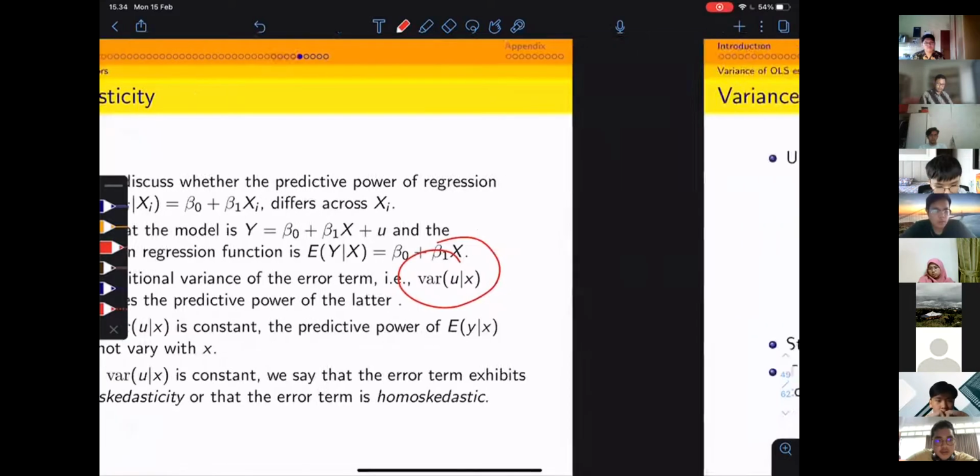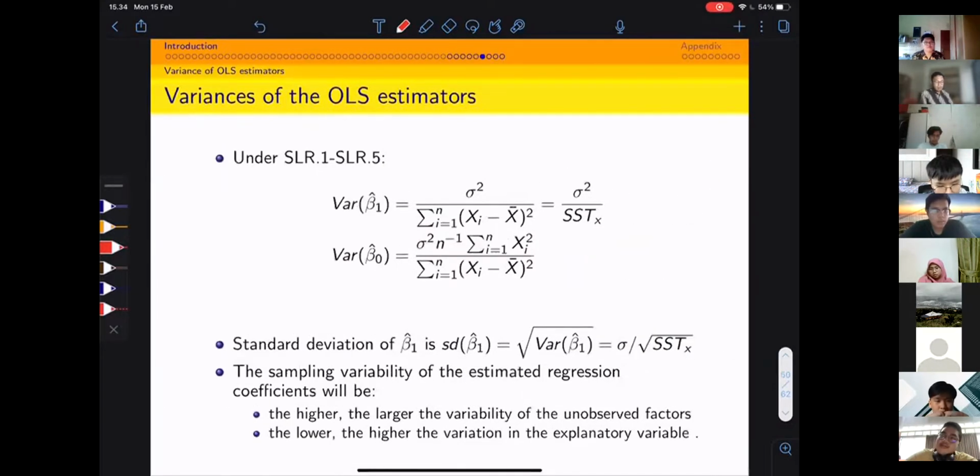Okay. All right. So let's talk about the variance of the OLS estimators. I guess there are two things. The first one is the variance. Sigma squared is going to be the conditional variance of the unobservable. Since we assume that we have homoscedasticity, it's constant.